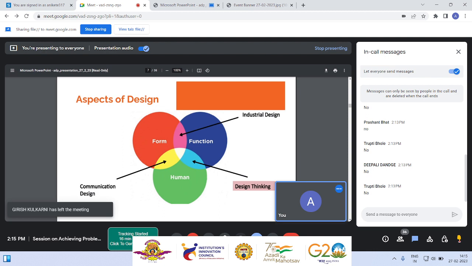Why? The human's perspective of communication plays an important role over there. So that's why it is said communication design, design thinking, and industrial design. So what is the functionality, what type of form or shape can you give? Apart from that, you can collaboratively understand the aspects of design that are there.